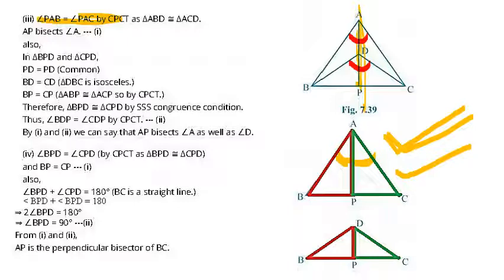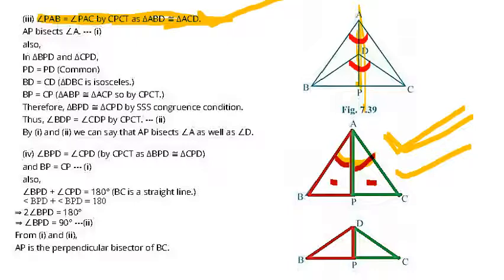That implies these two angles will also be equal because this triangle and this triangle are congruent triangles. These two parts will be equal to each other, and the reason is CPCT. So I wrote down PAB equals PAC and CPCT because these two triangles, ABD and ACD, are congruent to each other.